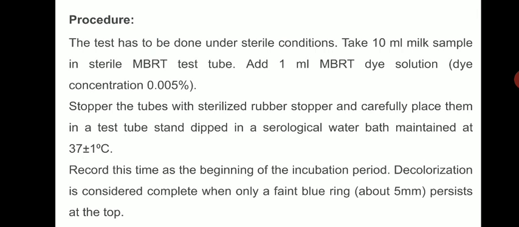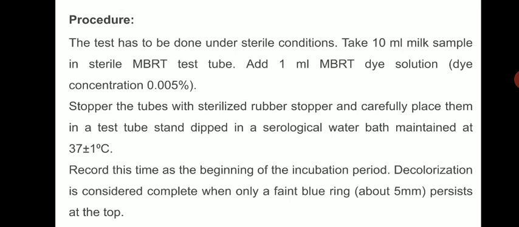Procedure. This test has to be done under sterile conditions, so all the operations regarding this test you have to perform in sterile conditions. First you have to take 10 ml of milk sample in a sterile MBRT test tube. Then add 1 ml of MBRT dye solution, at a concentration of 0.005%.